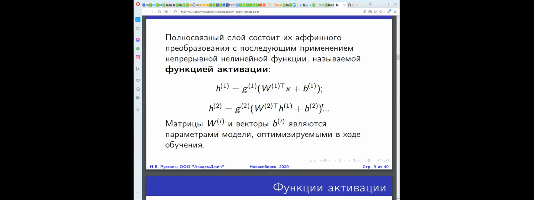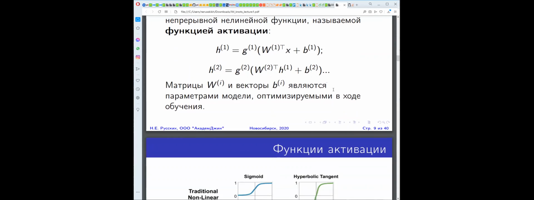The values they consist of are optimized in the process of learning. We start off with random initialization, and then through the process of learning we update these parameters so our model gets better. So yeah, speaking of activation functions, this is what they look like.